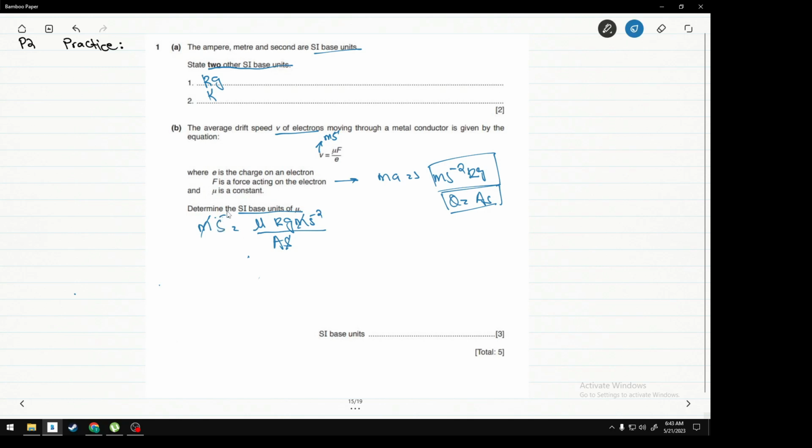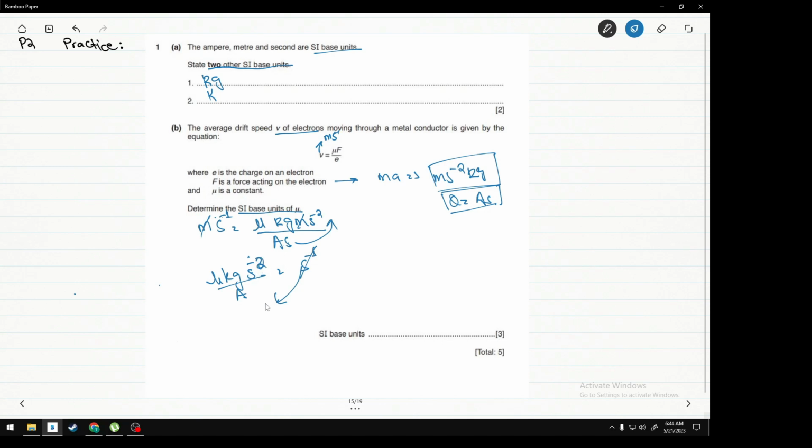Let's just do it like this. So mu times kg second negative 3, because this is not cancelling out. I'm sorry about that. Second negative 3 because it goes up and it gets multiplied by negative 1, divided by ampere is equal to second negative 1. Now, second negative 1 comes here and gets divided.